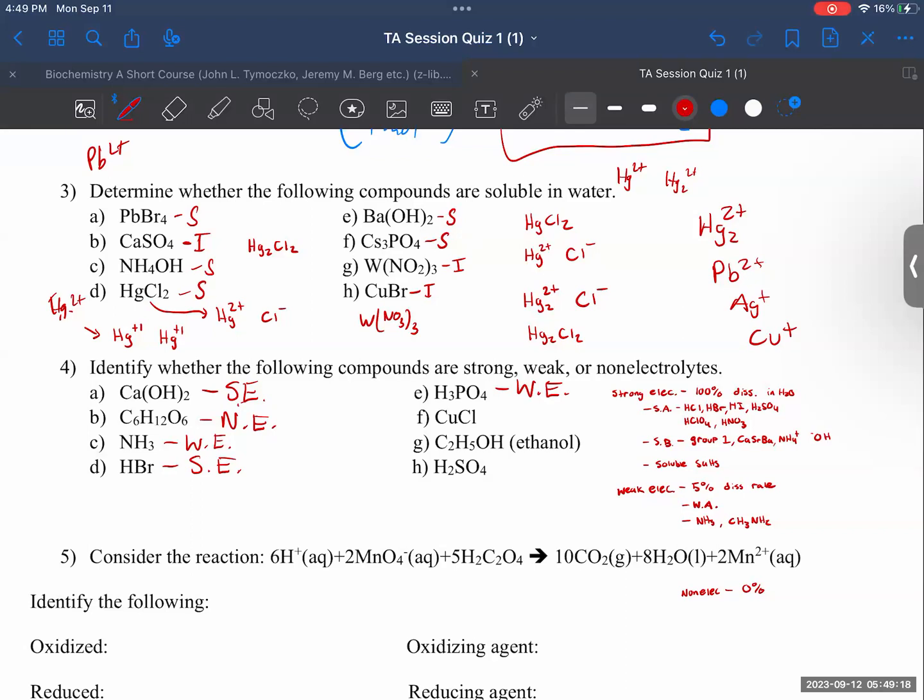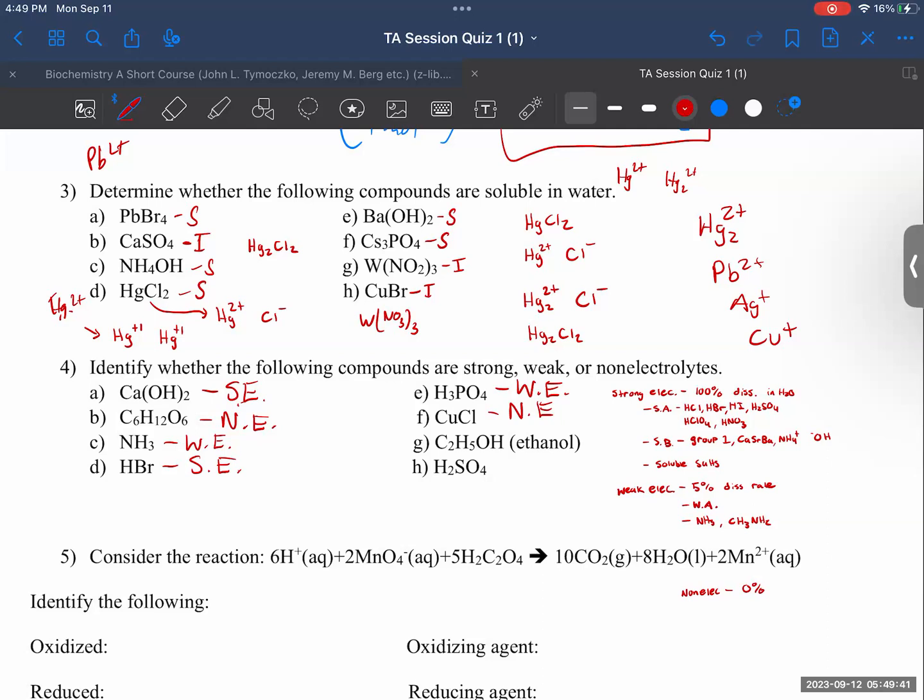So if this is insoluble, what would you categorize it as? Yeah, non-electrolyte, right? Because if it's insoluble, when you put it in water, it doesn't dissolve. If it doesn't dissolve, then it has no chance of dissociating. So this is a non-electrolyte.